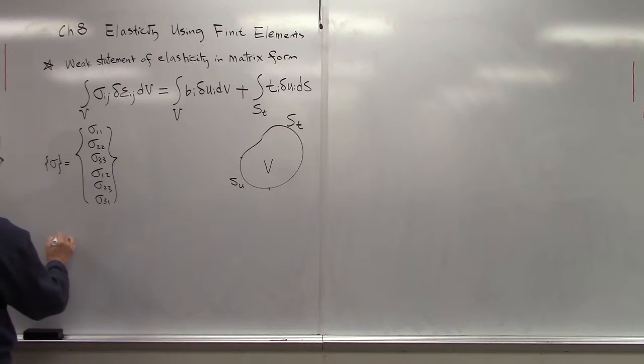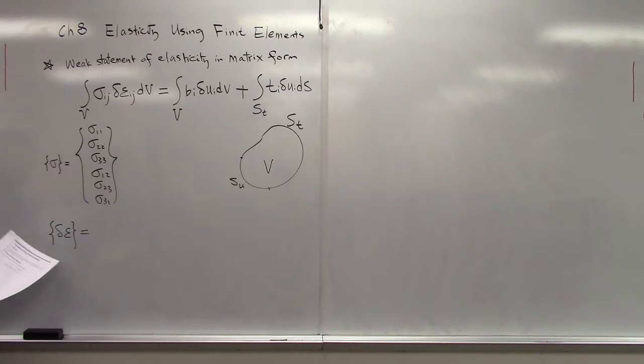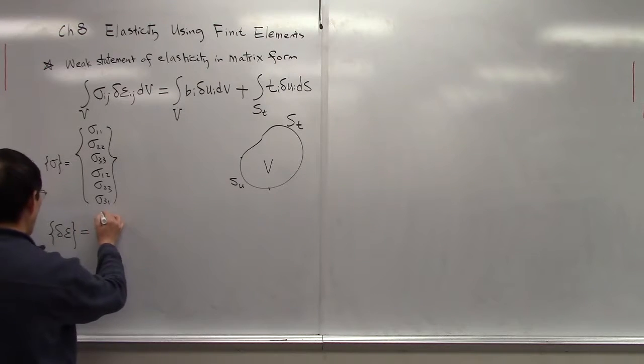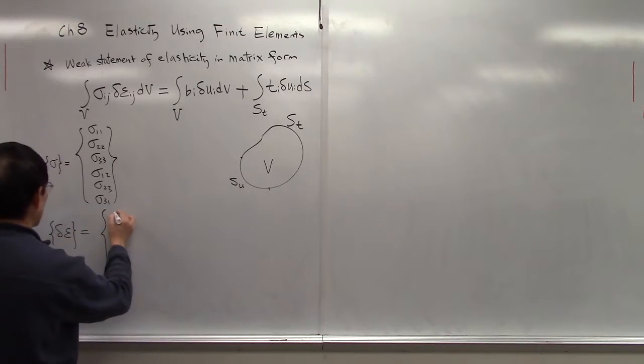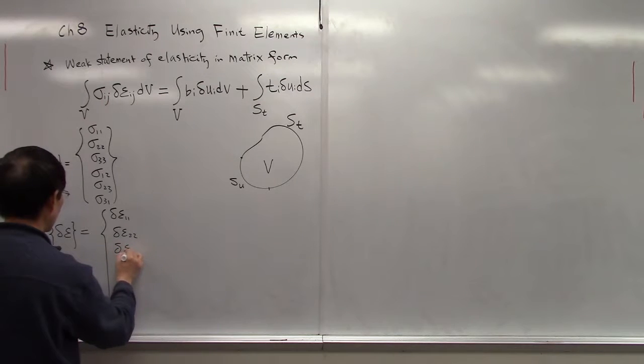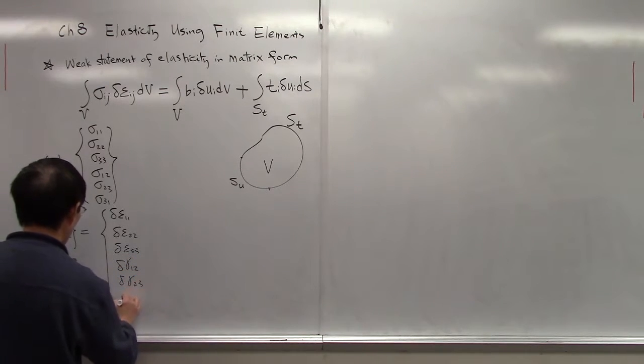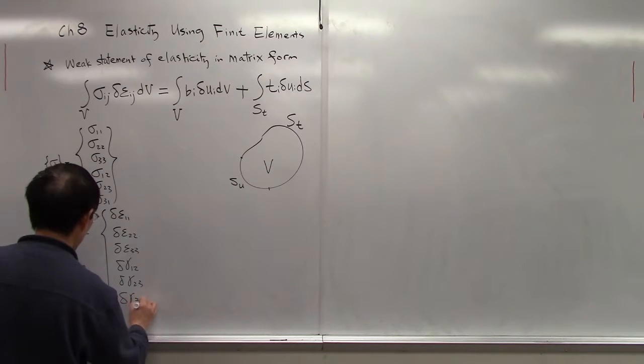And then the virtual strain vector, again, we're going to write it as a column vector. We have delta epsilon 1,1, delta epsilon 2,2, delta epsilon 3,3, and then delta gamma 1,2, delta gamma 2,3, and then delta gamma 3,1.